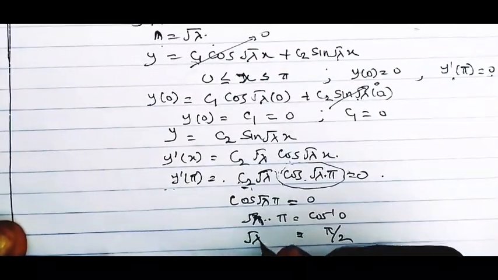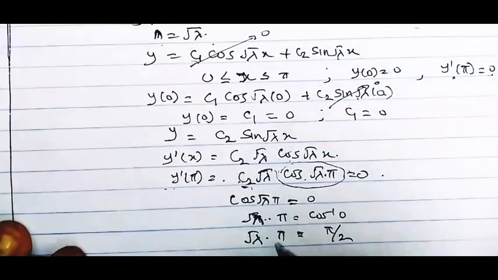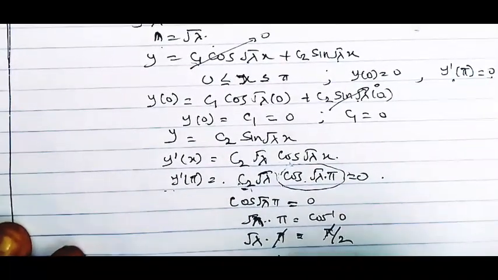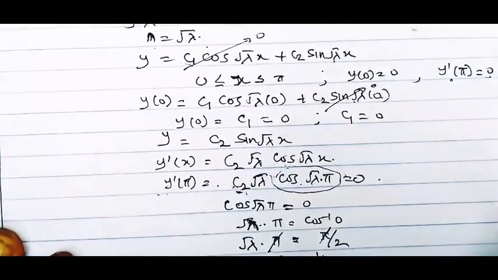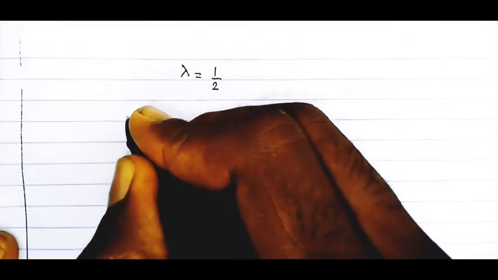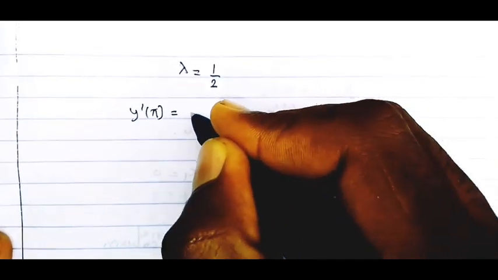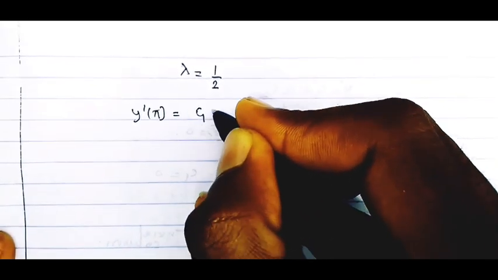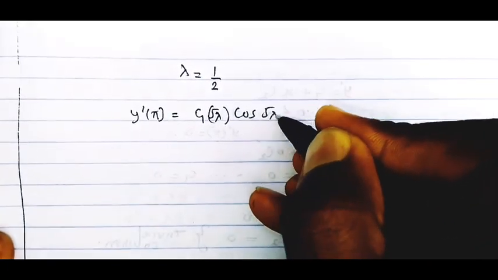So this is root lambda times pi, right? Just work with me. Pi can cancel pi, so root lambda is equal to 1 over 2. So we've gotten root lambda to be 1 over 2. Let's take it back into our expression, cos of square root of lambda pi.